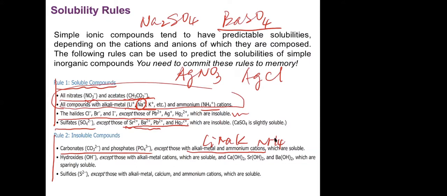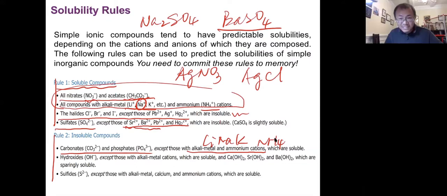Yes. Okay, number 2, hydroxides, OH minus, are not soluble, except with alkali metals, again lithium, sodium, potassium, or with some group 2 metals: calcium, strontium, and barium. These are exceptions for hydroxides.